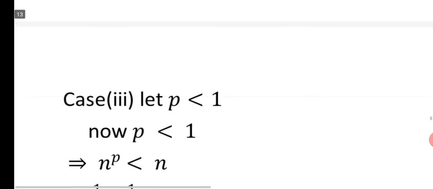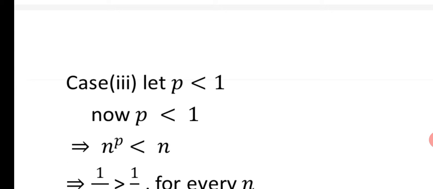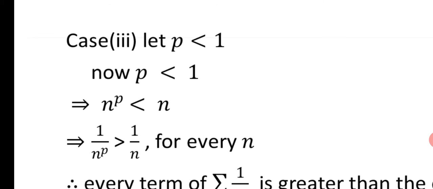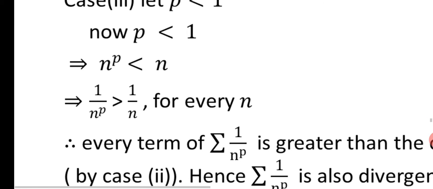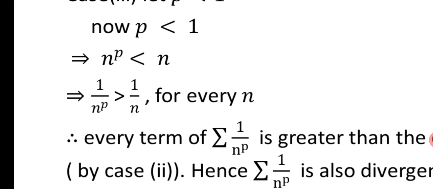Now case 3, let p be less than 1. This implies n to the power of p is less than n. This implies 1 by n to the power of p is always greater than 1 by n for every n.